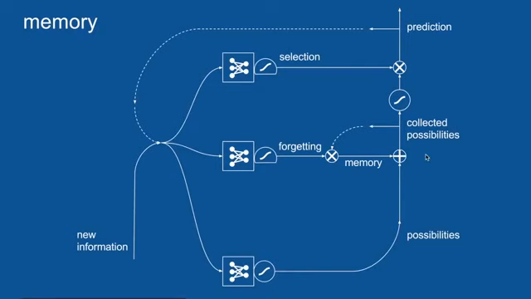Now, you've probably noticed, though, when we are combining our predictions with our memories, we may not necessarily want to release all of those memories out as new predictions each time. So we want a little filter to keep our memories inside and let our predictions get out. And we add another gate for that to do selection.